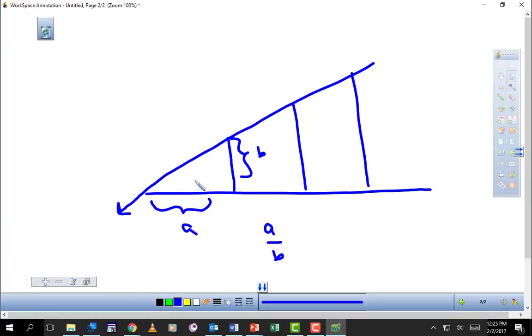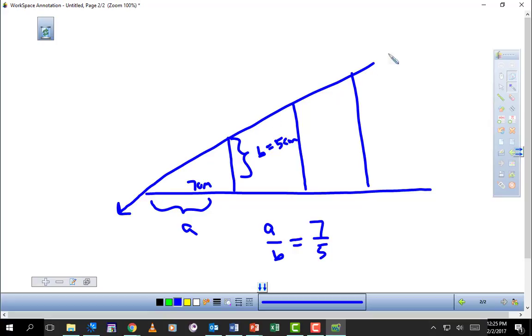Let's say you measure that and it's about 7 centimeters, and you measure this one and it's about 5 centimeters. So when you divide these two, you get 7 over 5. Okay, does that make sense? Now, this is really fascinating.